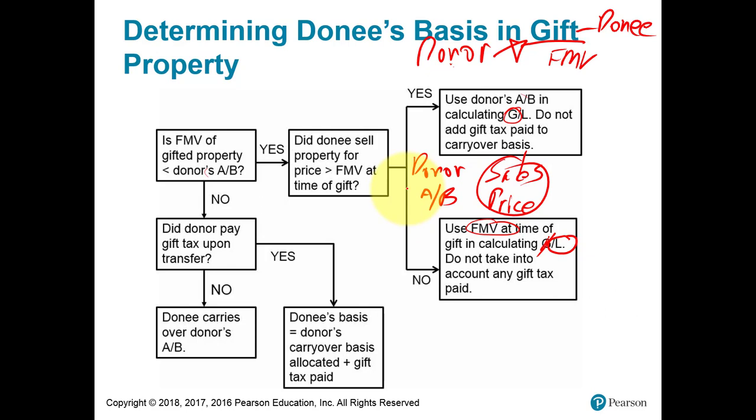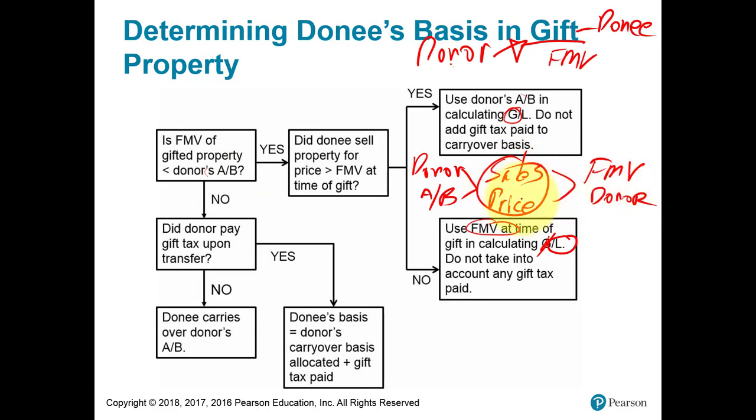And this donor's adjusted basis is greater than this sales price to the donee over here. And here, again, is the donee's sales price, and we compare that with the fair market value of the gift by the donor.